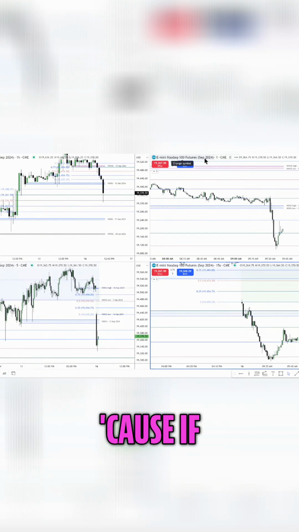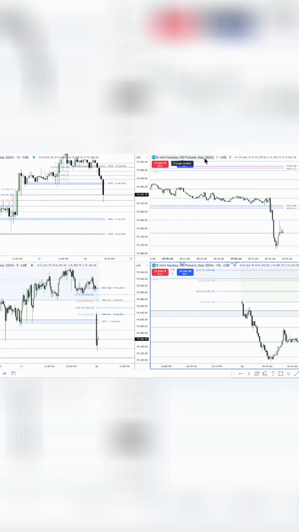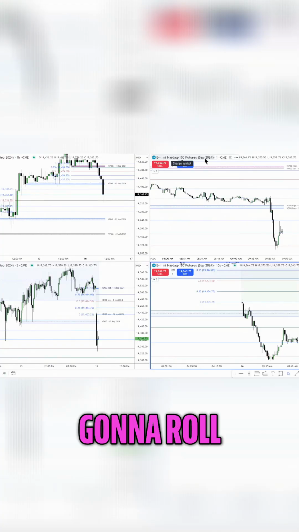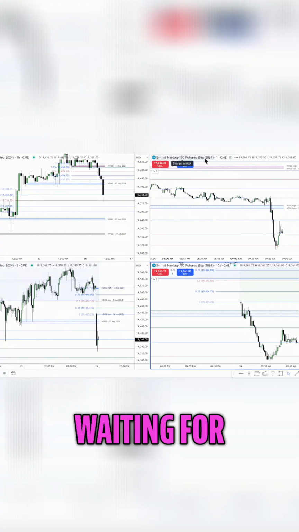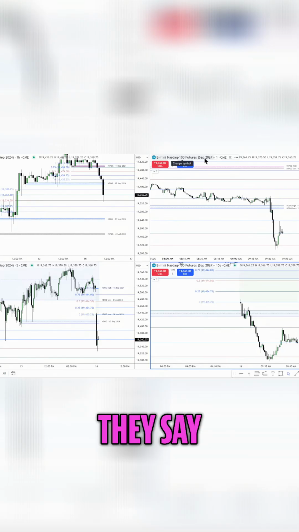Because if you're not familiar with it, it's probably going to be unclear to you what I'm referring to. So I'm going to show you what it looks like and how I determine when I'm going to roll over. Most everybody else is waiting for their favorite live streamer or the person that they follow on social media to say the rollover.